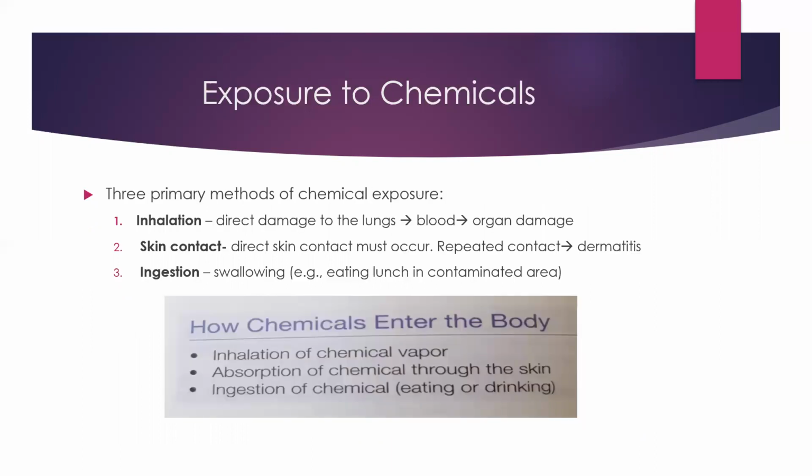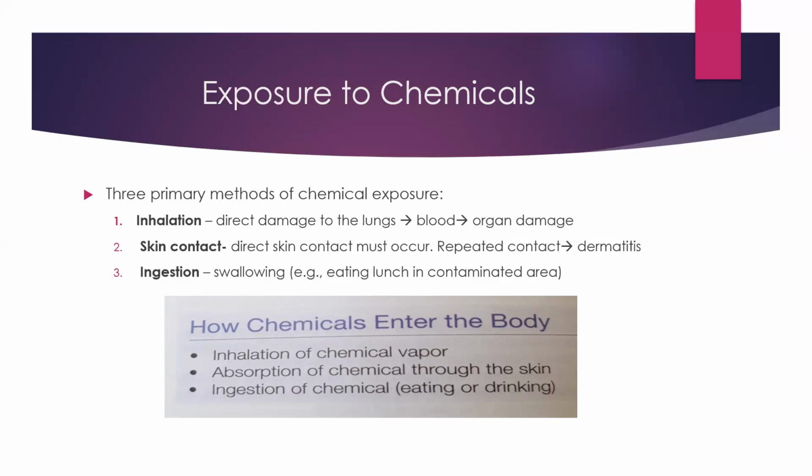There are three primary methods of chemical exposure. One is inhalation. That's direct damage to the lungs, and from the lungs we all know that such chemicals can then go into our blood, and then from our blood it can cause organ damage. Skin contact is another primary method of chemical exposure.